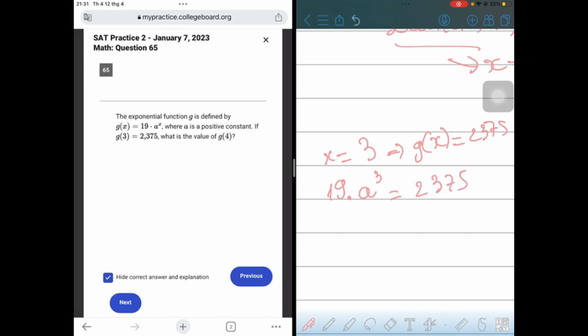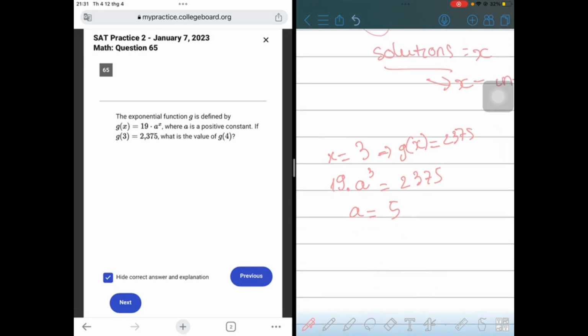We'll take out the calculator and calculate a. A equals 5.